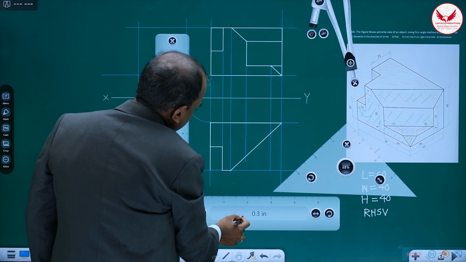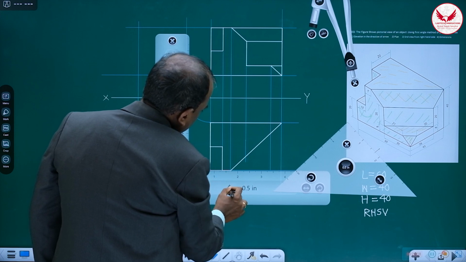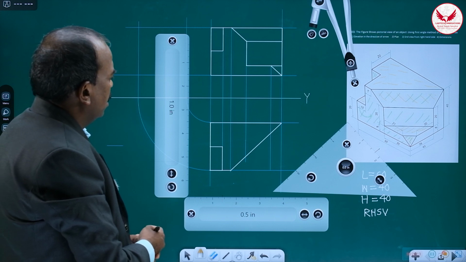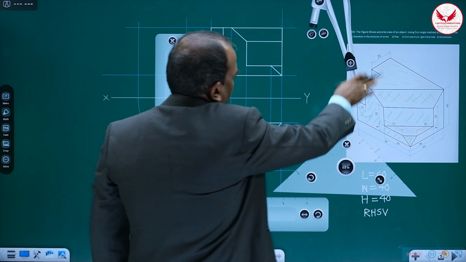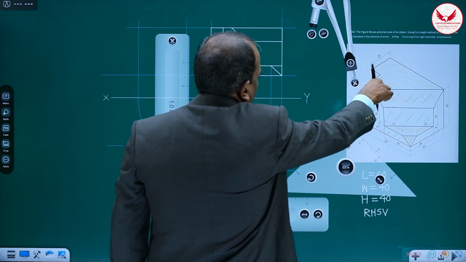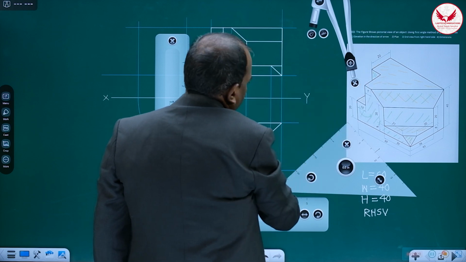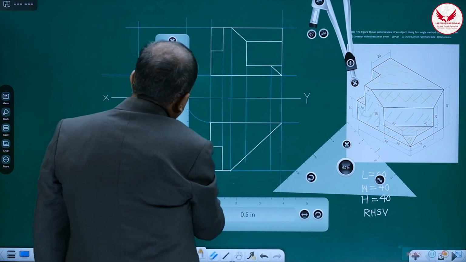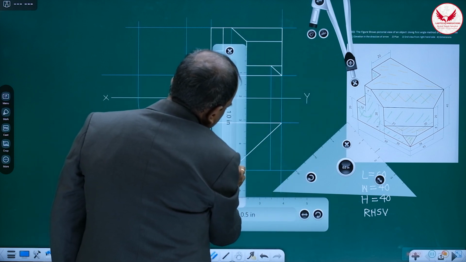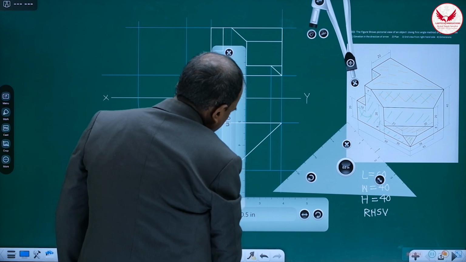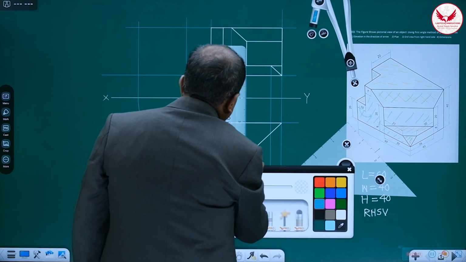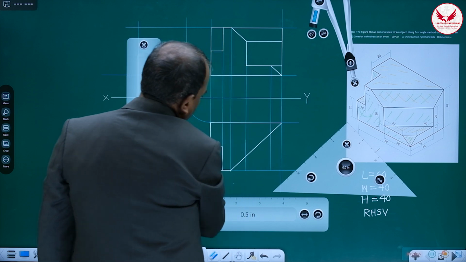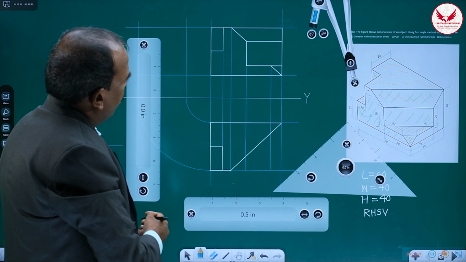It's 20, it's 10, it is 10. Then once this portion is over, wherever this 30 is matching, that line we have to extend. So this line is very important.